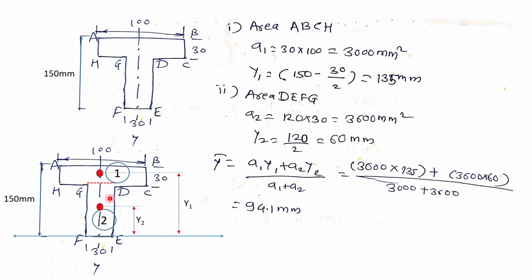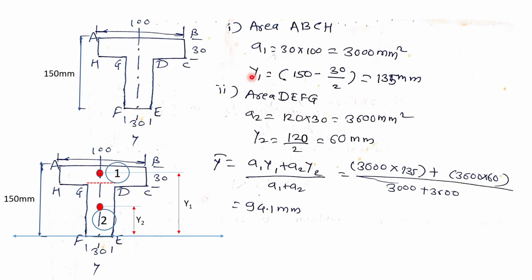So for this section 1, y1 is the distance of the CG of this particular rectangular part from the reference axis x. It is very important to note where we are locating our reference axis. If we locate it correctly and take the distances correctly from the reference axis, then we get the CG in a very easy and quick step.